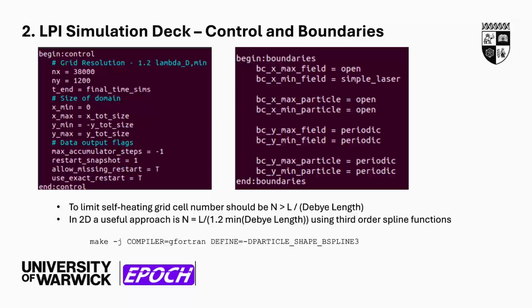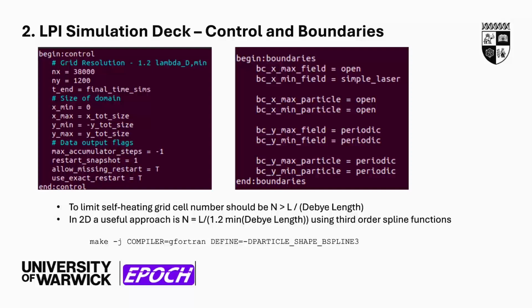Again, in reality, in 2D, trying to resolve the Debye length or lower than the Debye length is quite expensive. So typically we just do something where it's 20% bigger than the minimum Debye length or something like that. And it's not just a random number.